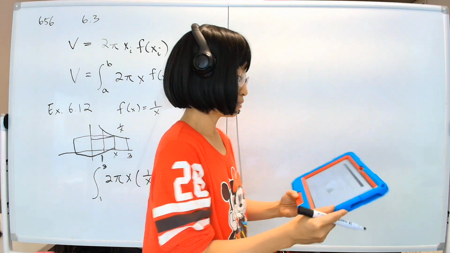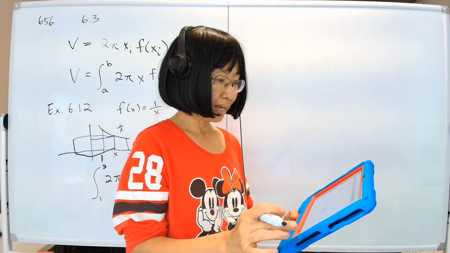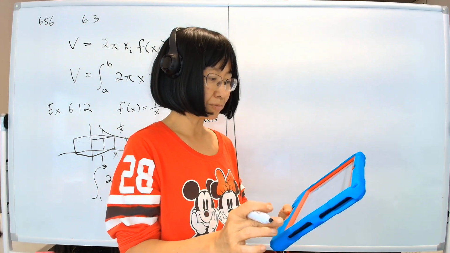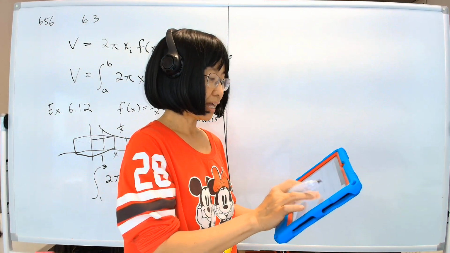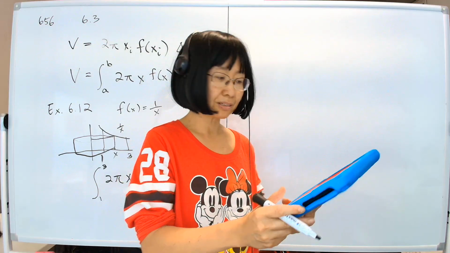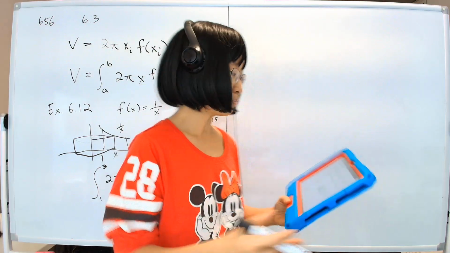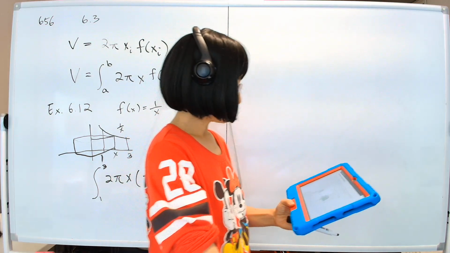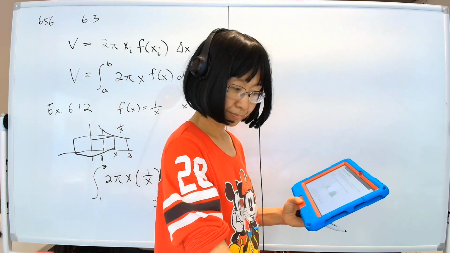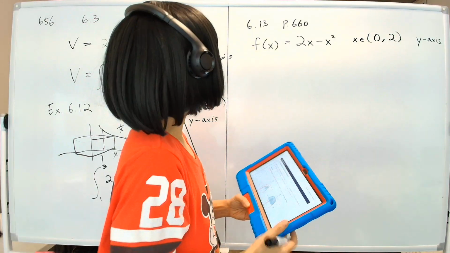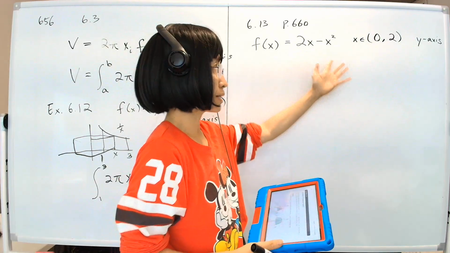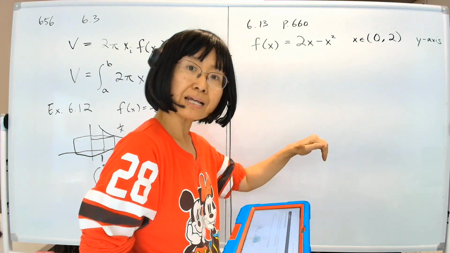We have a function, spinning around the y-axis, and we are going to use shells to figure out the volume. So, example 6.13: f of x equals 2x minus x squared. That's an upside-down parabola.